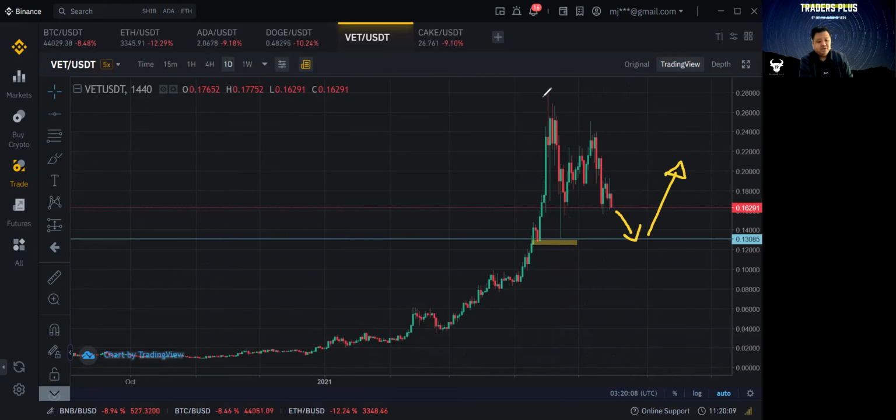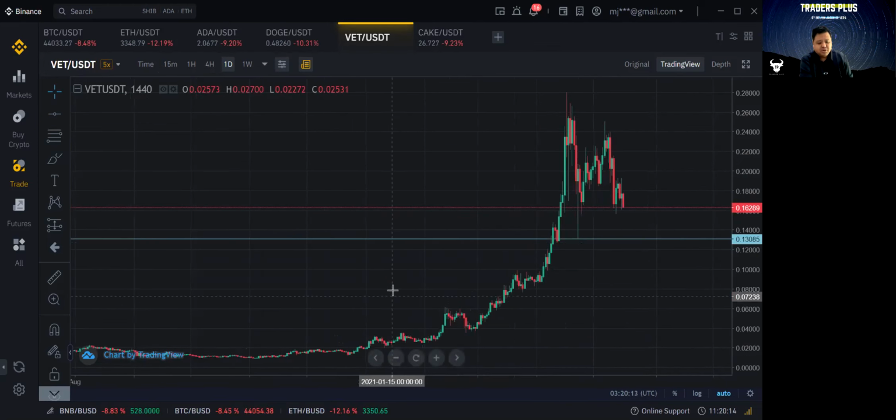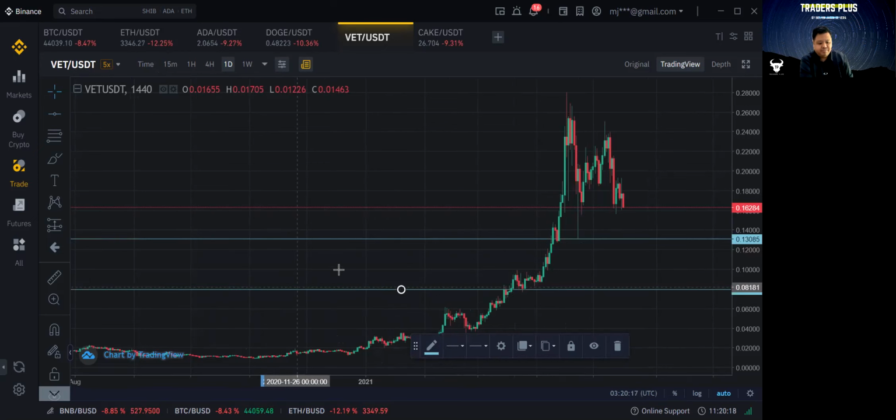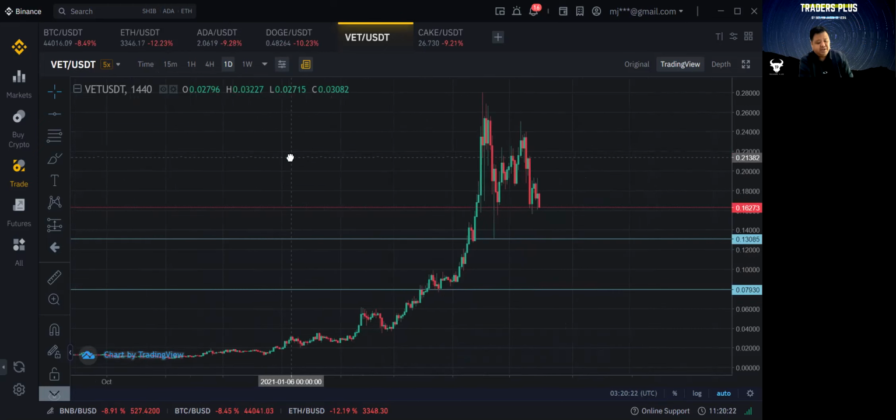Okay. If it fails, the next level is this one, 0.0793. Okay? So for spot traders, dito na mag-antay ng buy. Okay? 0.13085. Okay? For futures and margin traders, pwede ninyong i-sell yan.